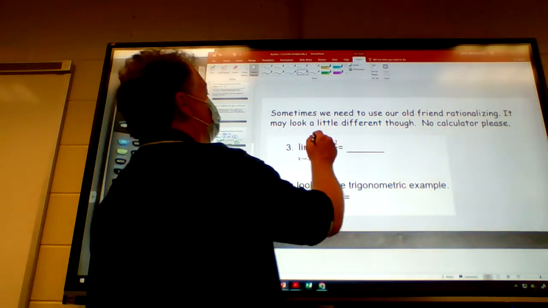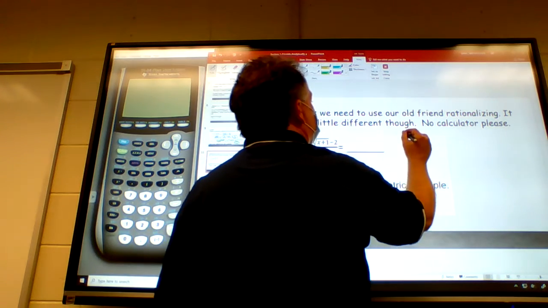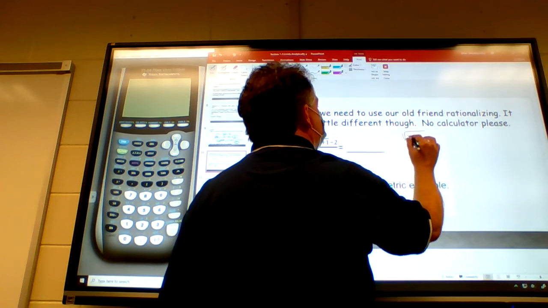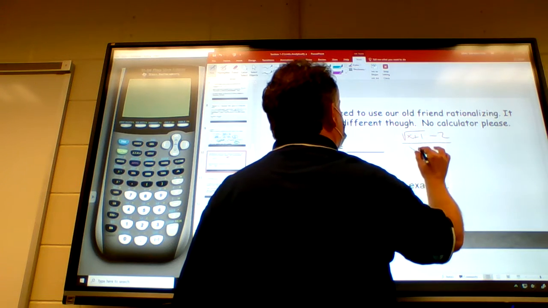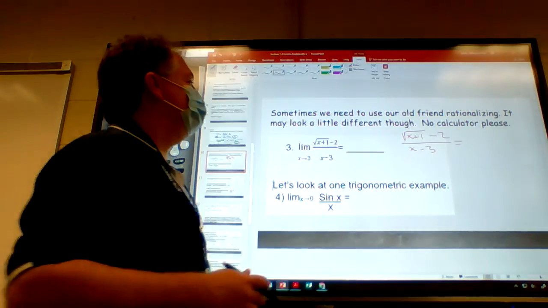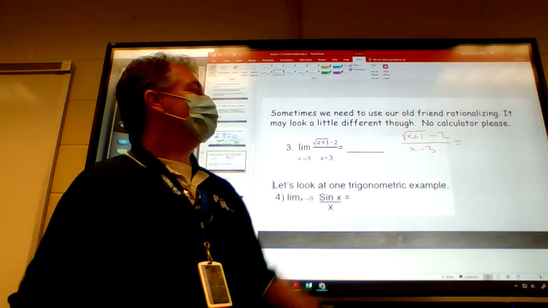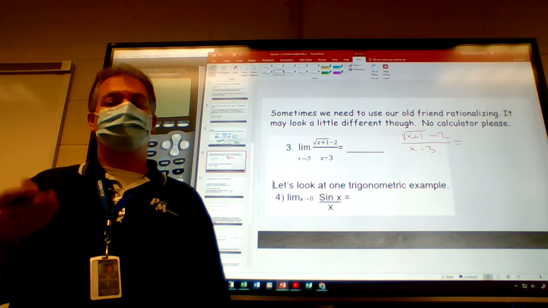Let's take the original function, and that is the square root of x plus 1 minus 2, all over x minus 3. Now, the question is, what on earth can we do to get rid of this radical right there? Actually, it's pretty simple.